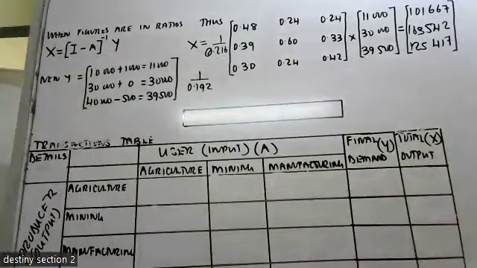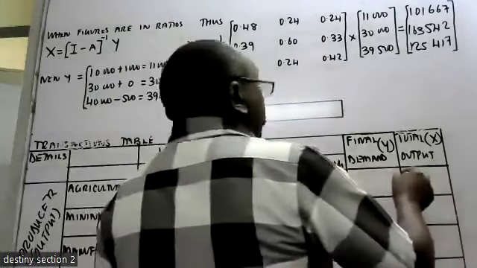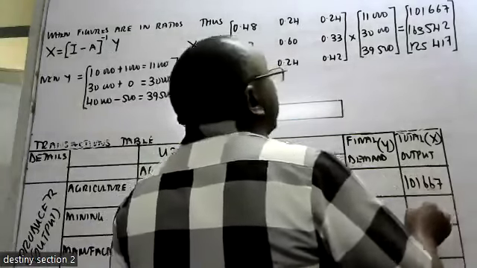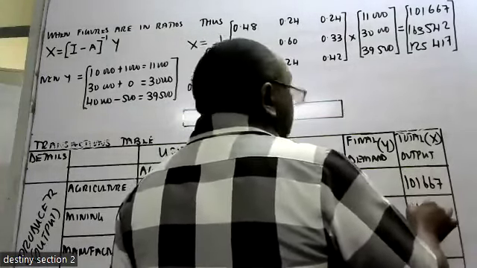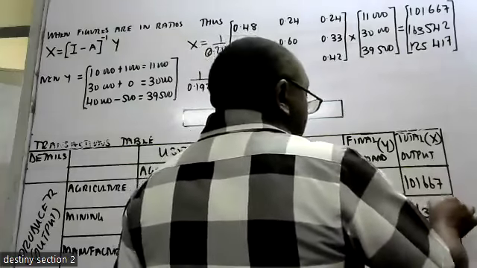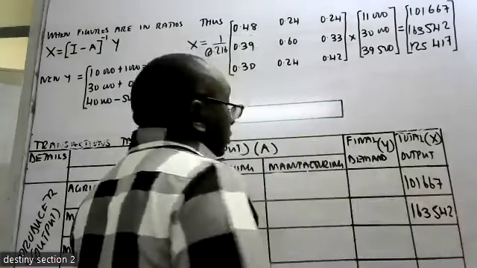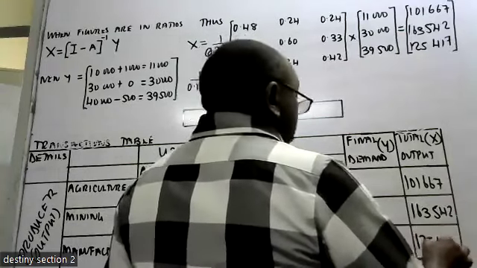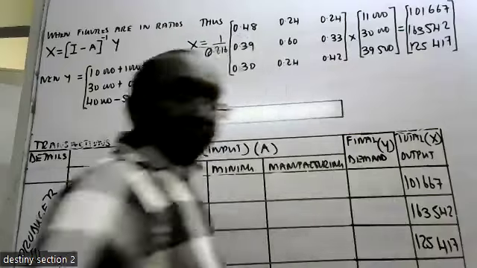So I told you to draw a table that is empty. Let's start by recording those values here, the total output: 101,667, 163,542, 125,417.